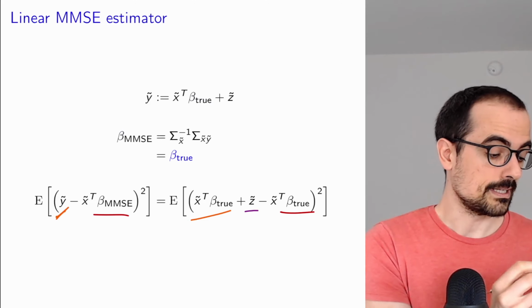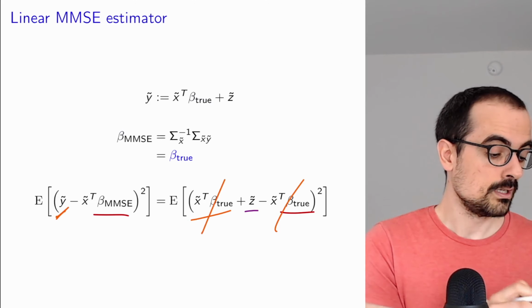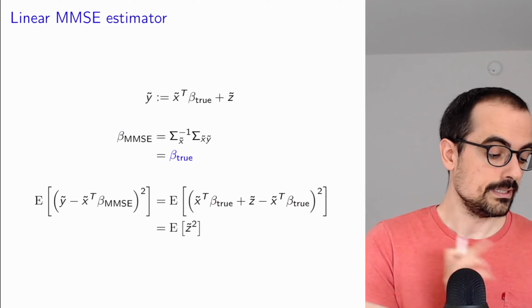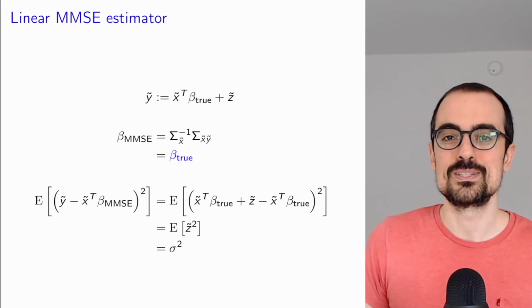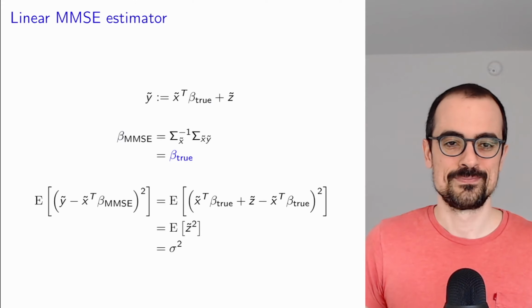So these two cancel out and we're left with the noise, which indeed has variance sigma squared. So great, everything seems to work out perfectly.